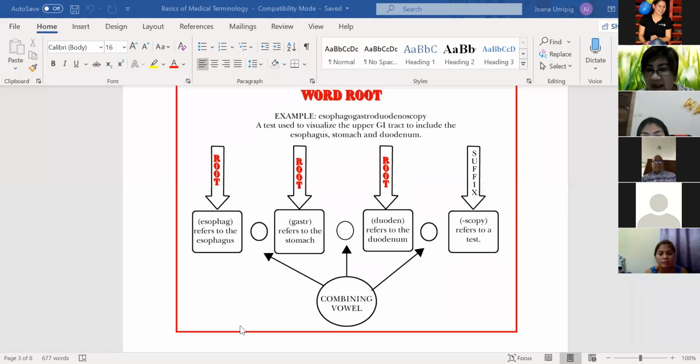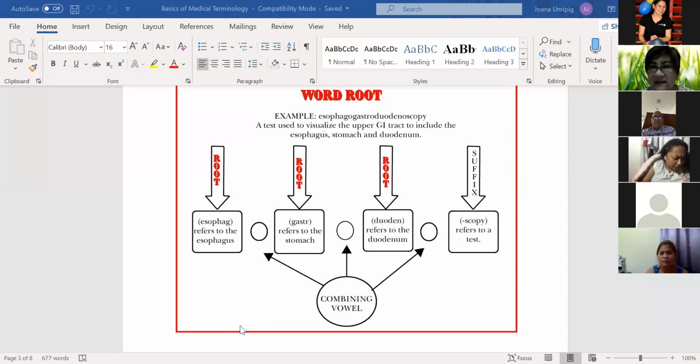So, kinumbine natin yung mga root words and with the combining vowel. Ang combining vowel dito is the O. Okay, so you have seen now, na-understand natin na ganun ang gumagawa ng medical term. So it's starting from the word root. Understand?